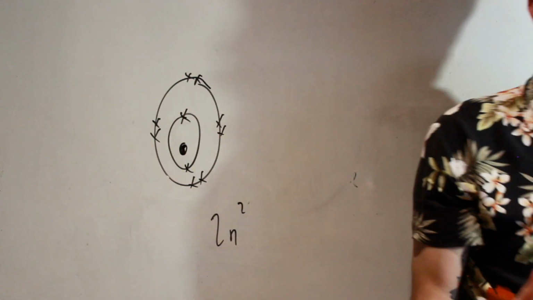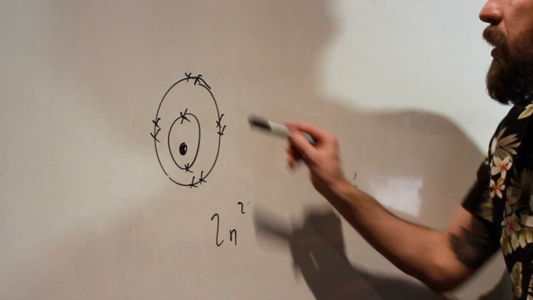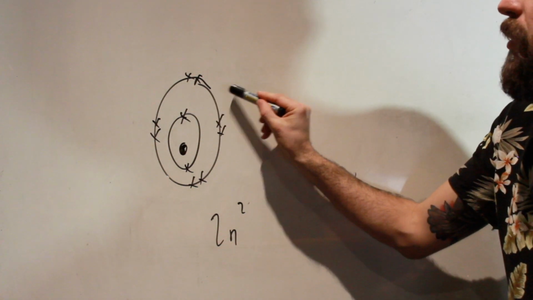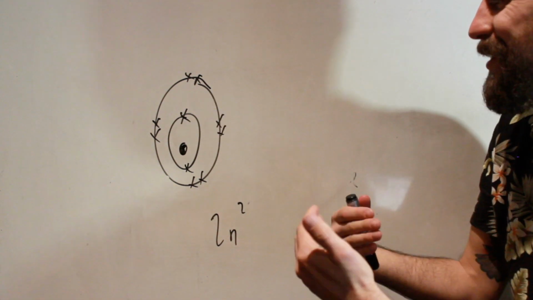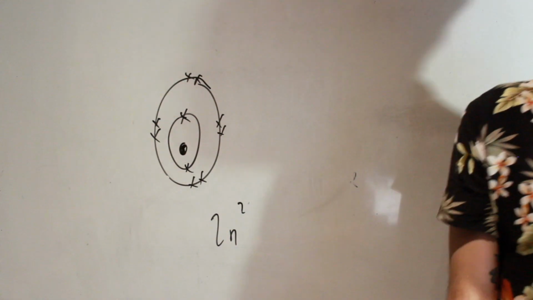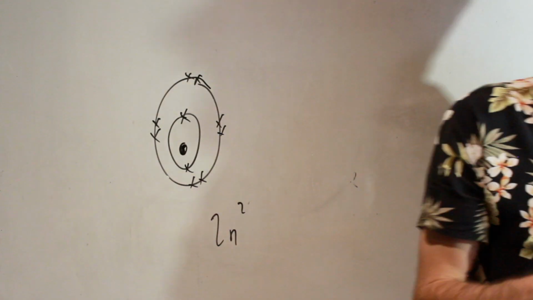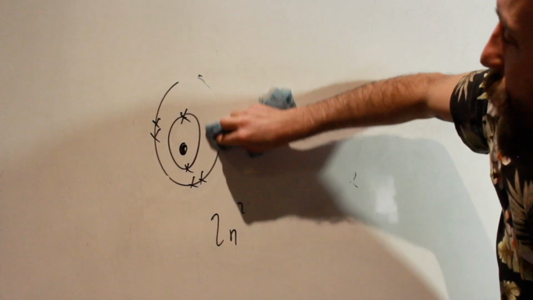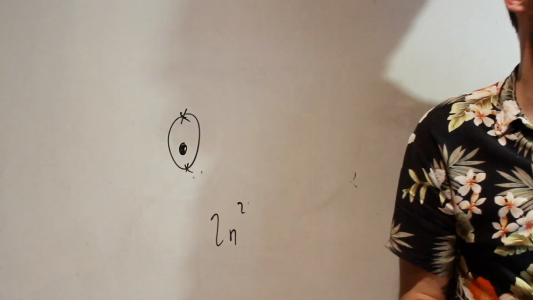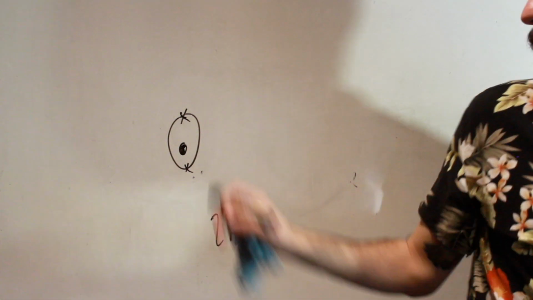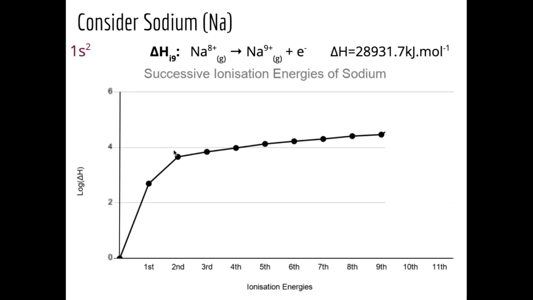And that makes sense if we think in terms of fixed discrete quantum energy levels, because there is going to be a big jump because these are fixed energy levels away from each other. So what you might expect to see now that we've gotten rid of all of these 2 electrons, is we see another jump as we now have to take them away from that first quantum level, that closest quantum level, and this is going to take the most energy of all.